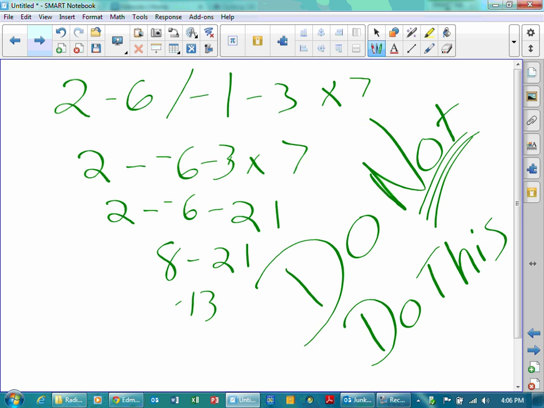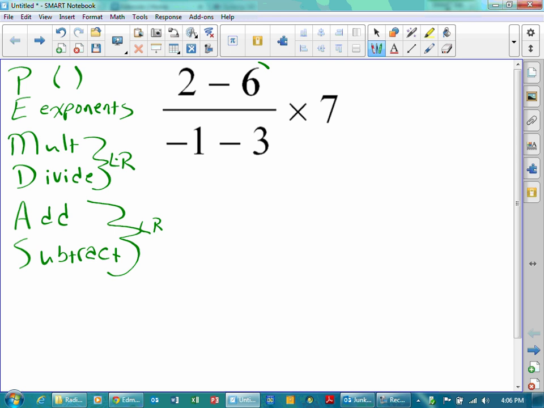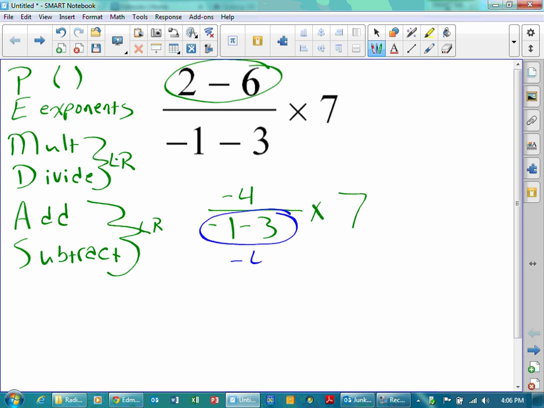That's a wrong answer. It's a very wrong answer. Here's the correct way. We do 2 minus 6. We get negative 4. Then we do negative 1 minus 3.